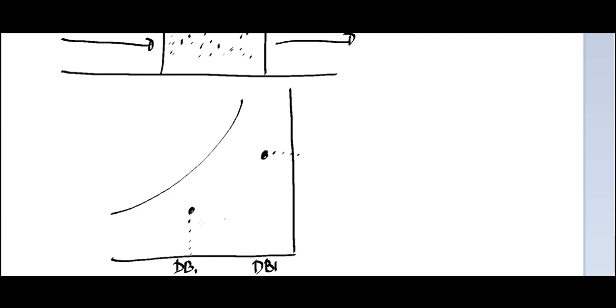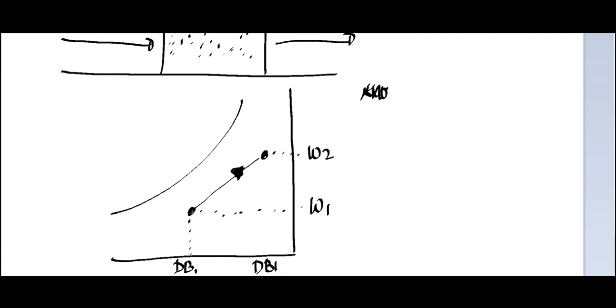And also we have a corresponding humidity 1 and you have humidity 2. Now it is heating going here, and also going towards here to increase the humidity. So this is how the psychrometric process will look like.